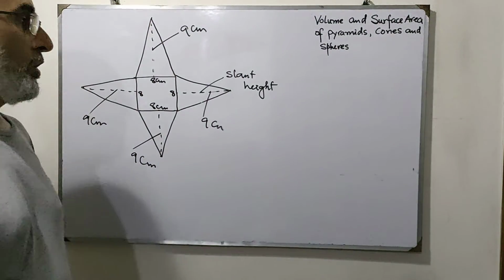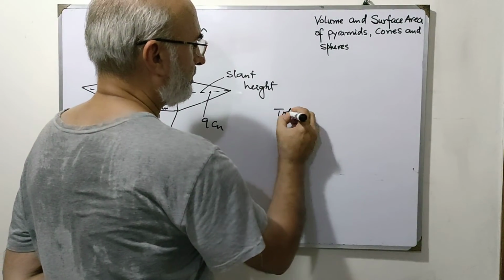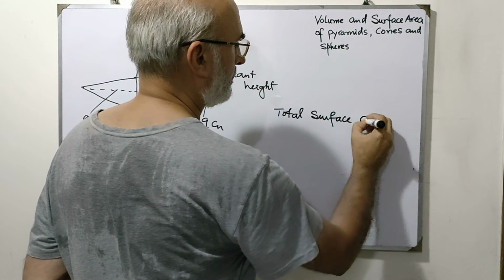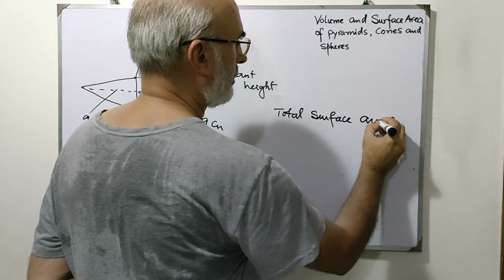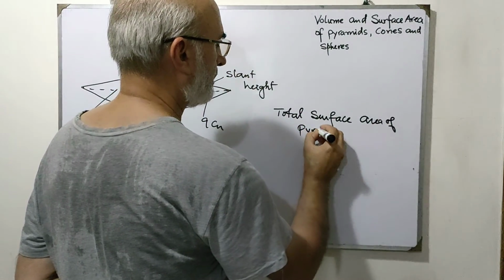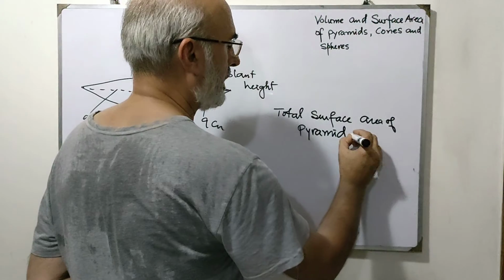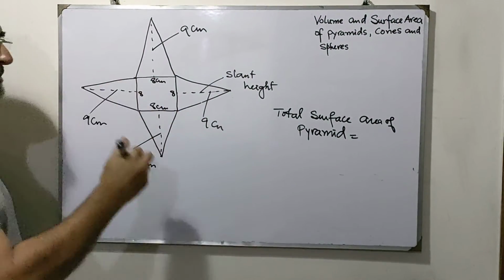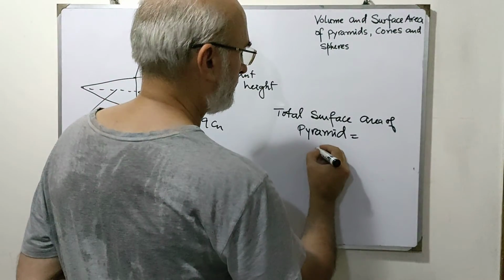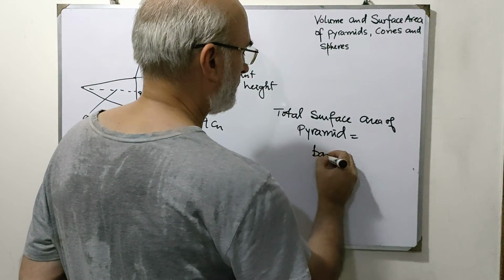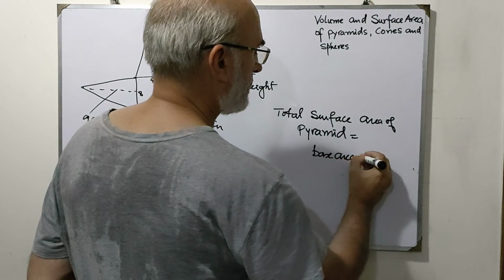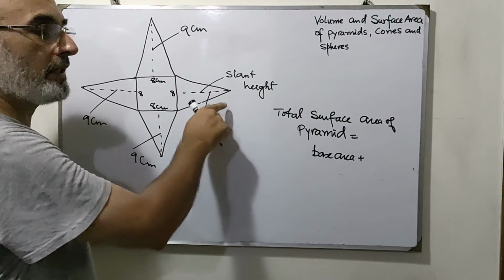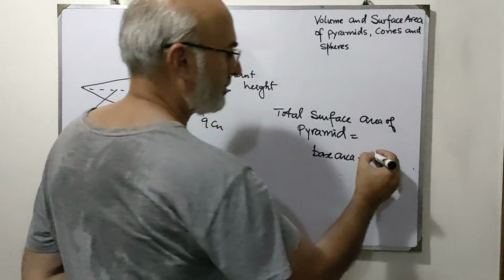Now, the total surface area of the pyramid equals... it has two parts. It has a base area plus the area of all the triangular faces.